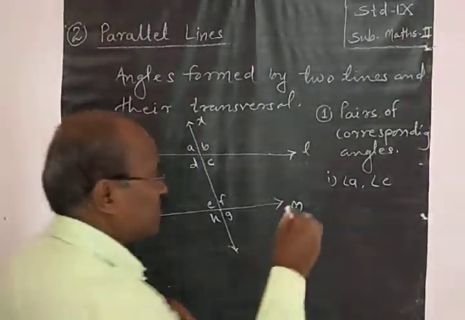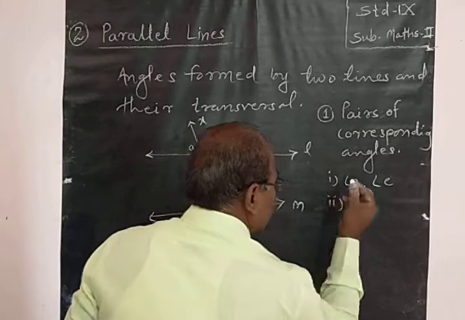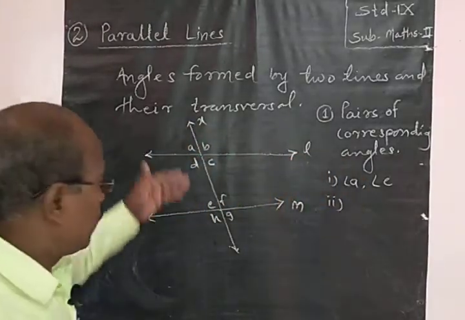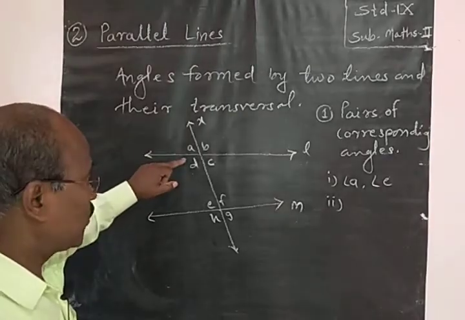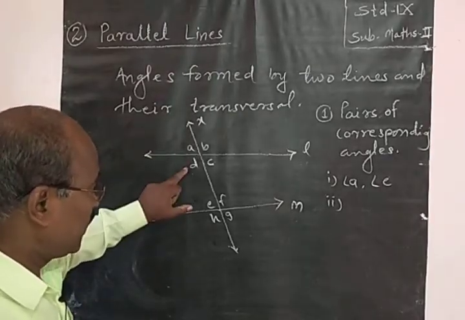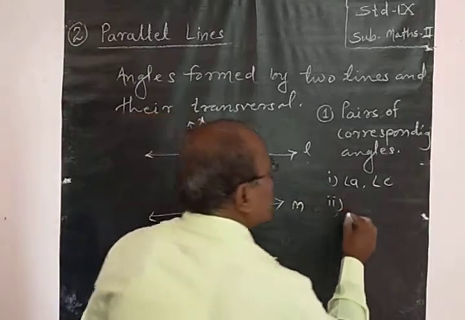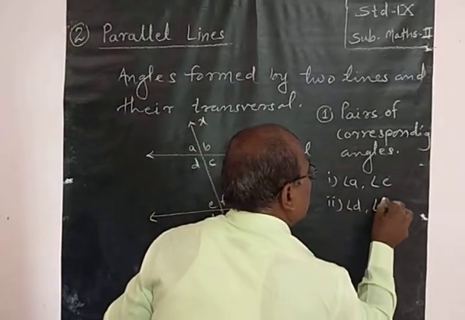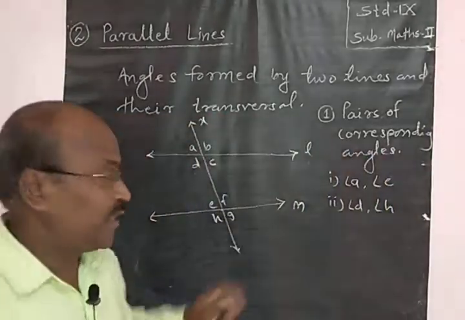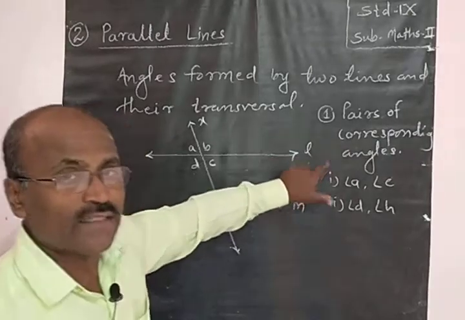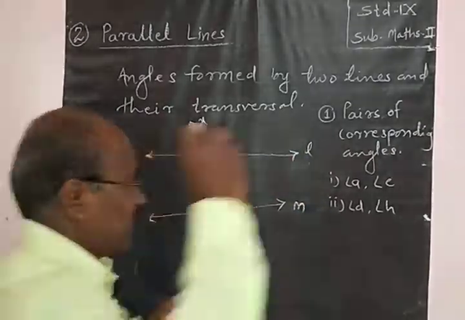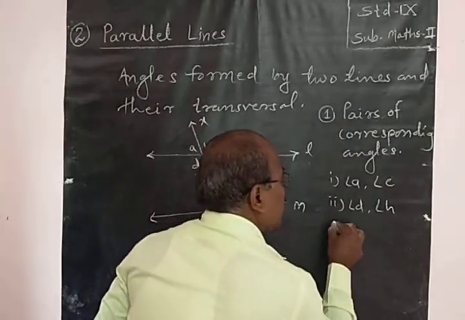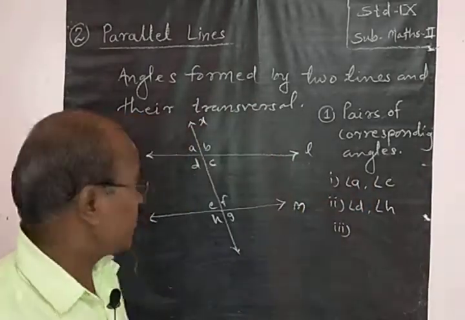And the second pair is the angles below the two lines L and M, that are D and H. So the second pair is angle D and angle H. These two pairs are formed at one side of the transversal, and at the other side also two pairs are formed.